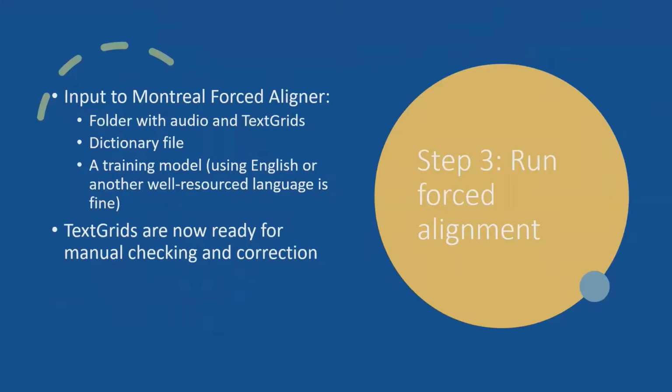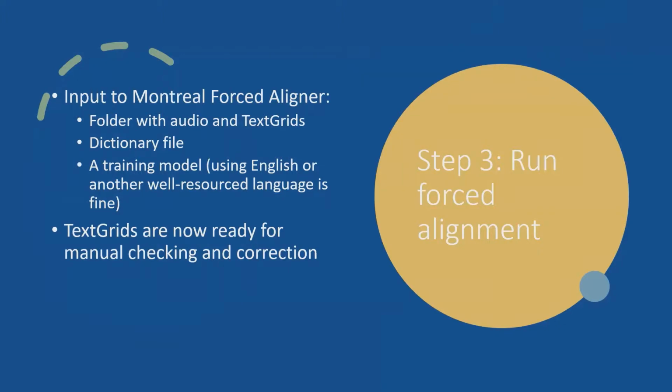And finally, you can now run your forced alignment. The input for the Montreal Forced Aligner includes a folder with the audio and TextGrids that you want aligned, your dictionary file, and a training model. Now you can train your own model on manually aligned data from the language that you're working on. This can be very time consuming if you don't already have some manual alignments available.